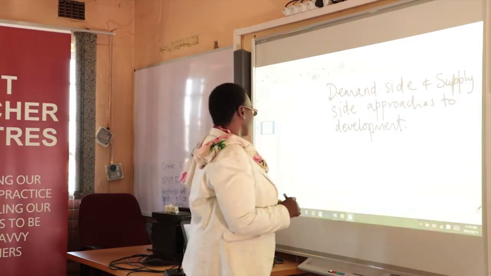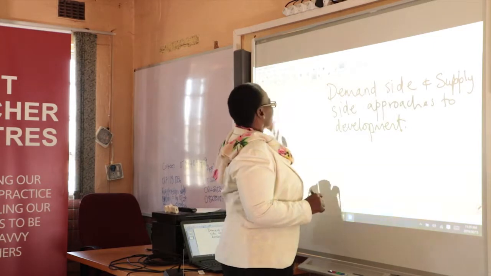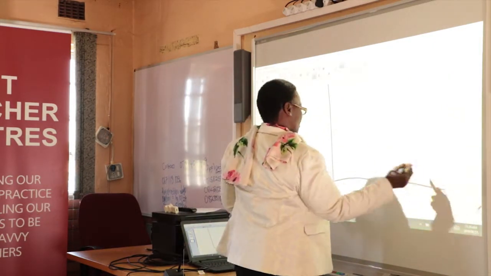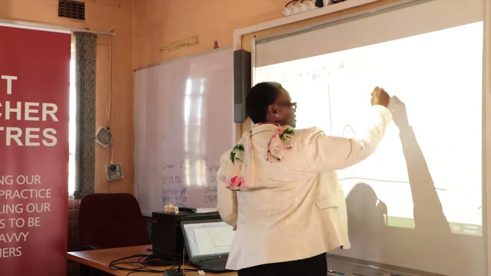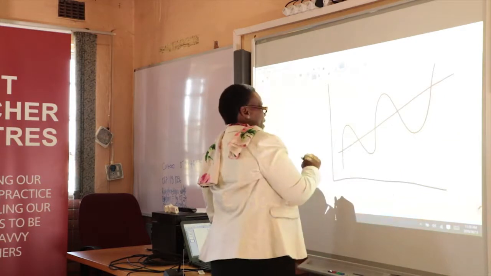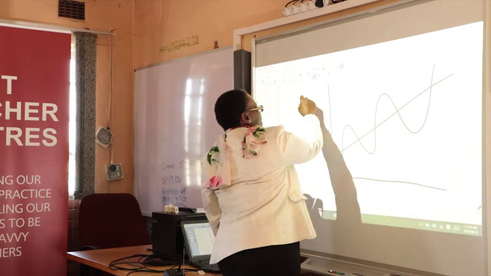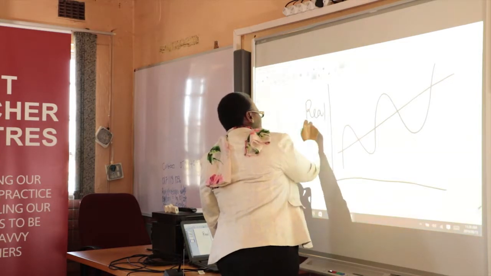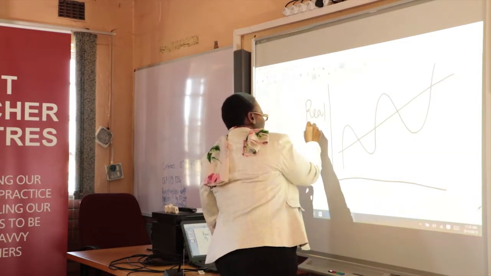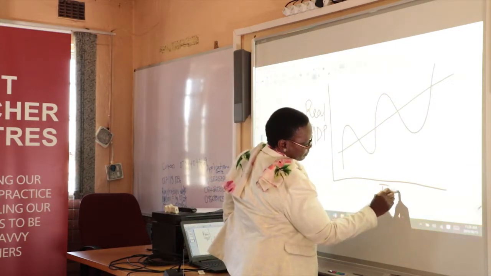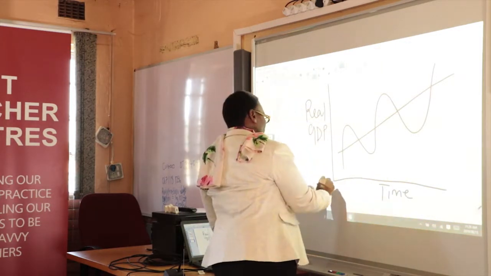Just to recap, you will remember that we had our business cycles, and this would be real GDP, economic activity measured in terms of real GDP, and this would be time.